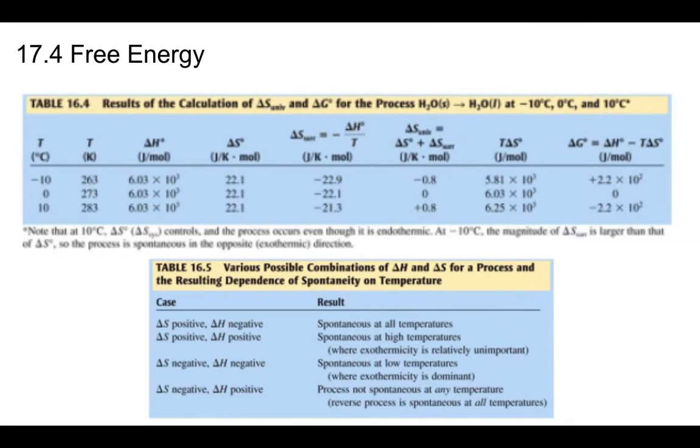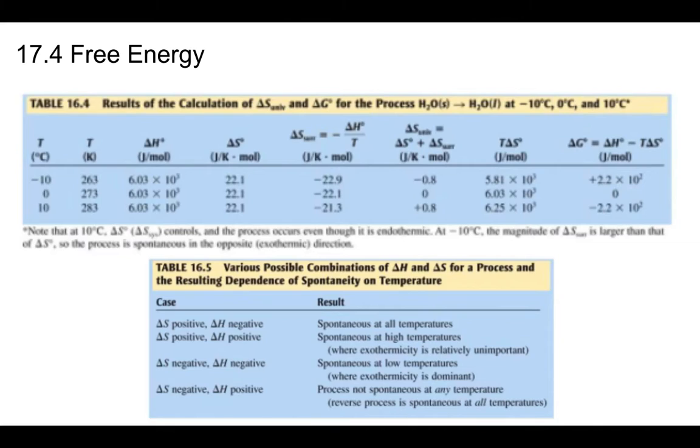And so that would be 2.2 times 10 to the second joules per mole. So notice for trying to melt ice at negative 10 Celsius, delta G is positive. Now you do that same math on 0 Celsius and 10 Celsius, and you find it's 0 at the tipping point of 0 Celsius, but then above freezing, water spontaneously melts.